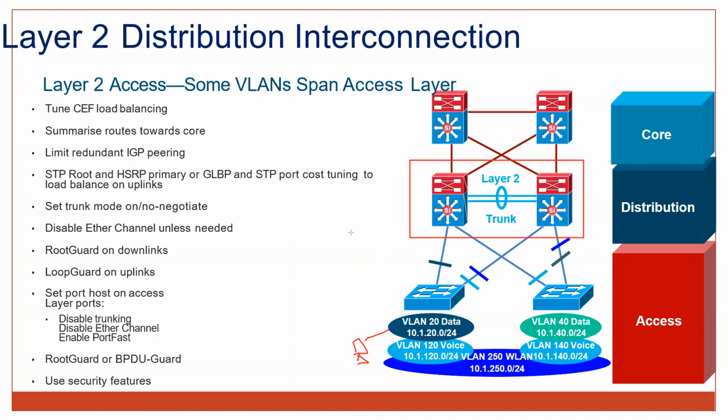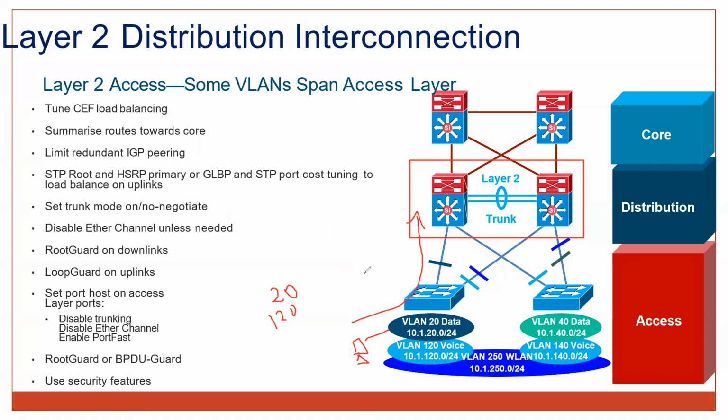So what we can do is, for VLAN 20 and VLAN 120, you can make this switch the primary gateway. You know, we are creating some sort of VIP, virtual IP, for GLBP or HSRP or VRRP. So this can be the gateway.